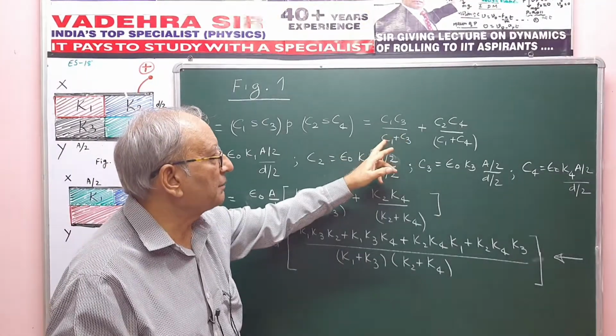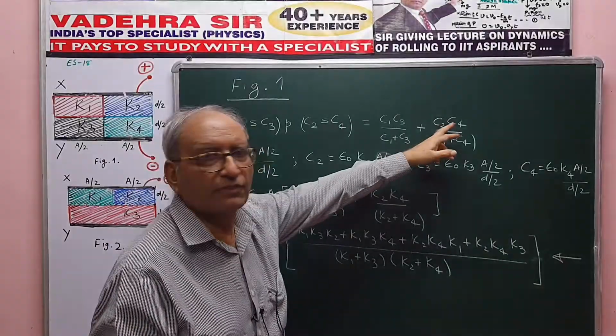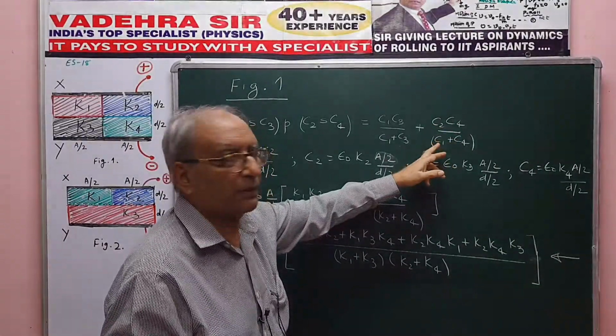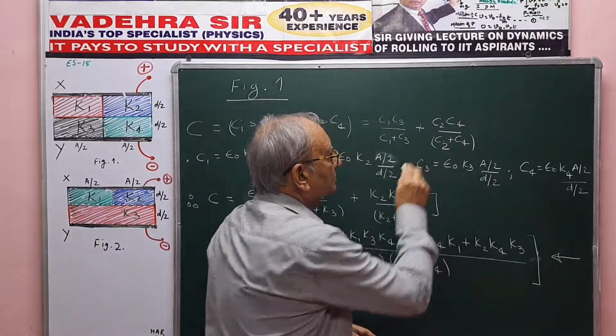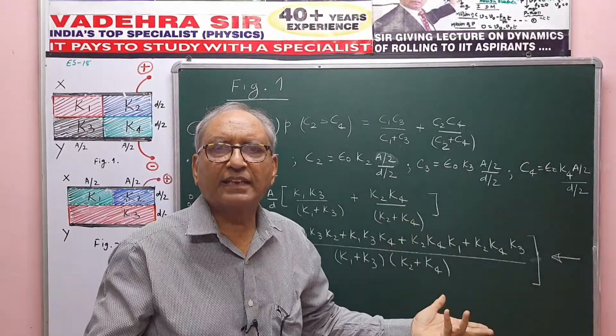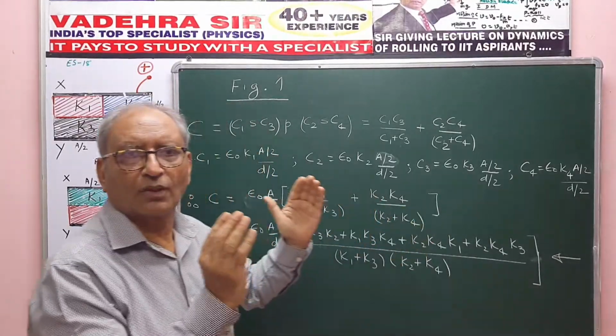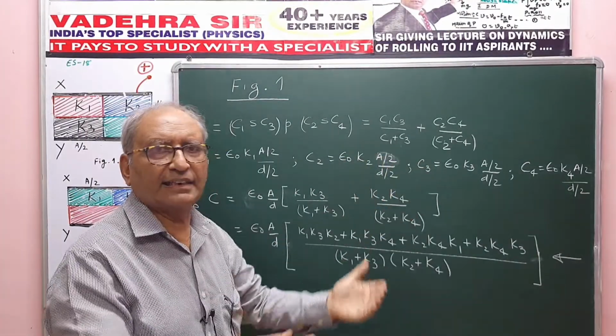So C1 C3 upon C1 plus C3, plus C2 C4 upon C2 plus C4. Well, the main thing is done. You only have to feed in the values of C1, C2, C3 and C4 and get the final answer.